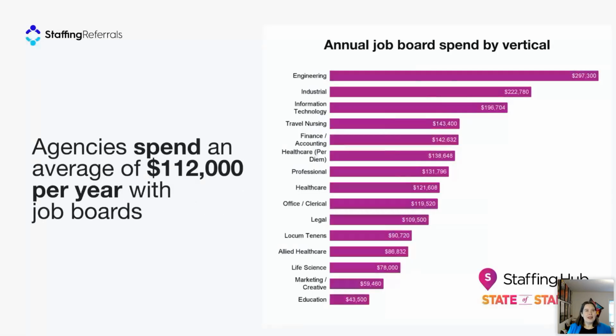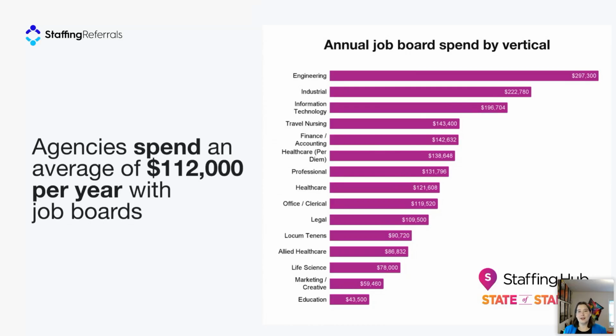Go on, thanks, David. So for our 2022 State of Staffing Benchmarking Report, agencies said that they spent an average of about $112,000 every year on job boards. And agencies in the engineering, industrial, and IT verticals spent considerably more than that. So I'm going to give you a little sneak peek of our upcoming data here as well.